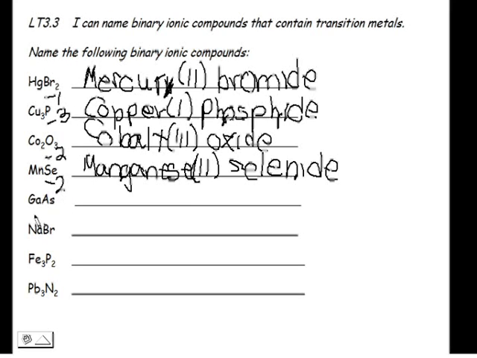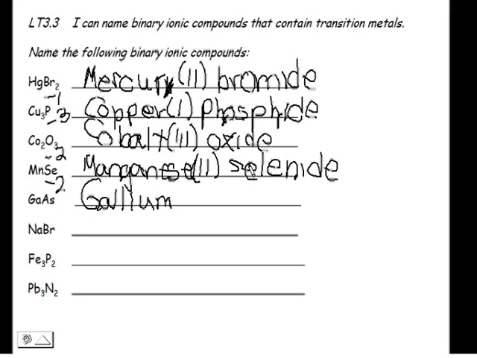The next substance here is gallium with arsenic. Gallium and sodium, they are both those that only have one designated charge. And if you have one designated charge, there is no need for Roman numerals. So unlike the other ones that you see here, gallium is not going to have any Roman numeral indication because it has only one designated charge.